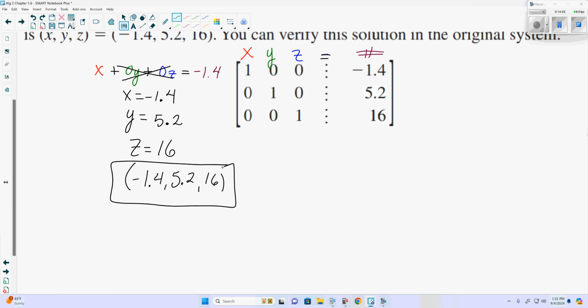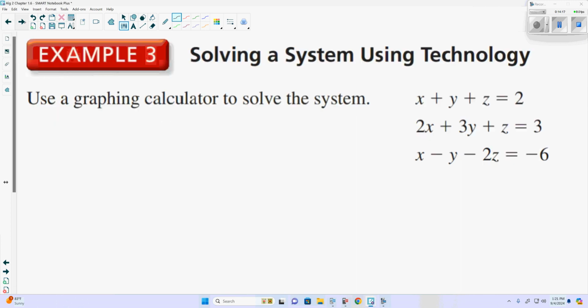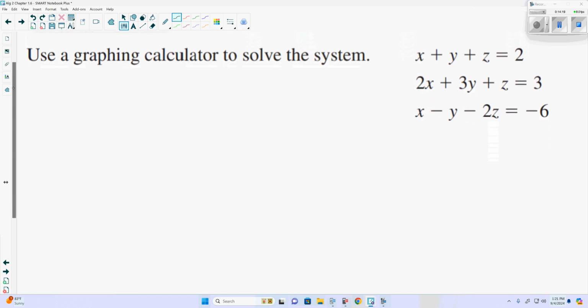All right. Now, solving a system using technology, right? An augmented matrix from a linear system. Enter the augmented matrix, use reduced row echelon form, and then interpret the results. Well, let's do that here. So the first thing we need to do is rewrite this as an augmented matrix.